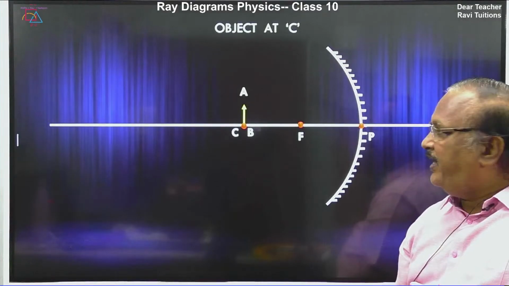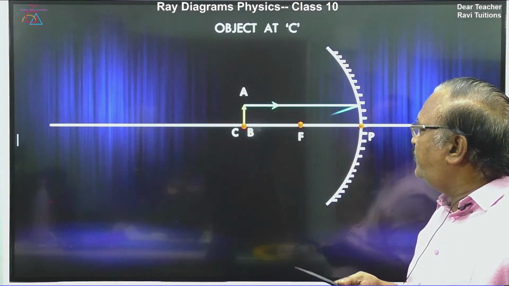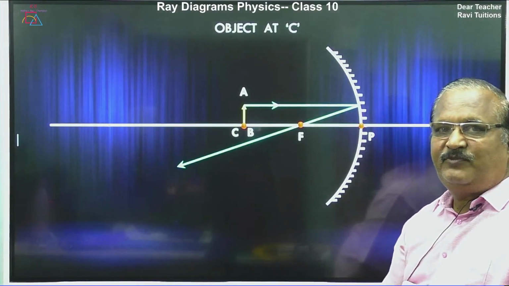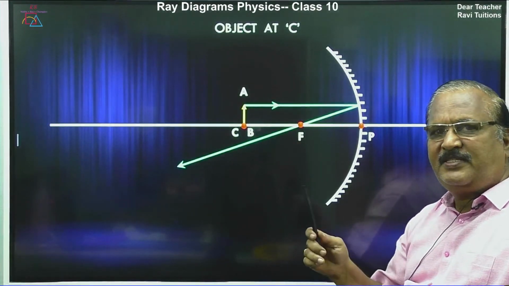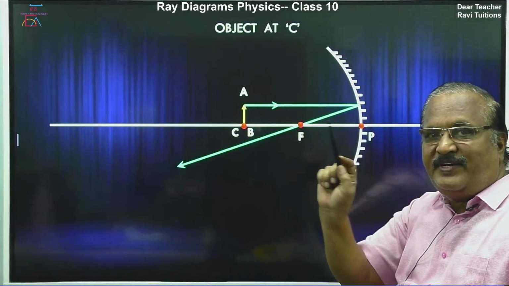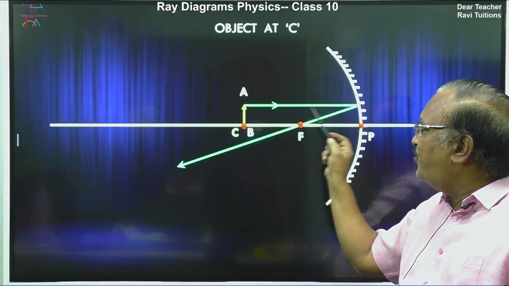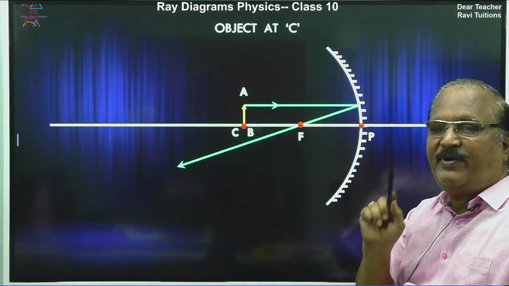Draw any two lines. One line parallel to the principal axis goes through the focus. Use the scale to draw. Don't draw with a free hand. You have to use a scale or ruler to draw these lines, then only you will get it perfectly.